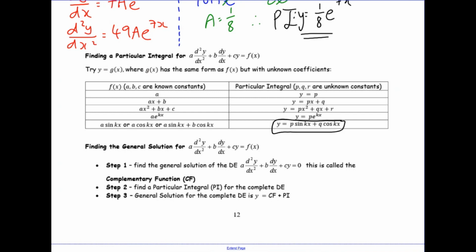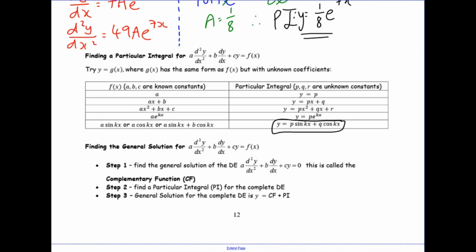If you've just got a polynomial, a quadratic or a linear one, you have to include all of the terms. So even if on the right-hand side you just had x squared, you'd still guess that your particular integral is something x squared plus something x plus something, because those terms will differentiate to give extra ones.